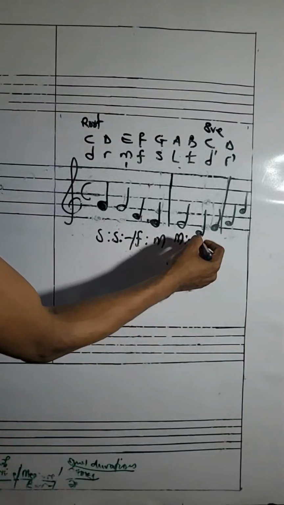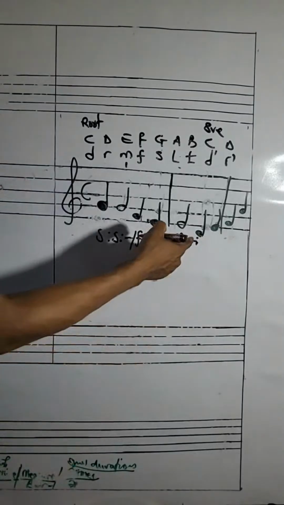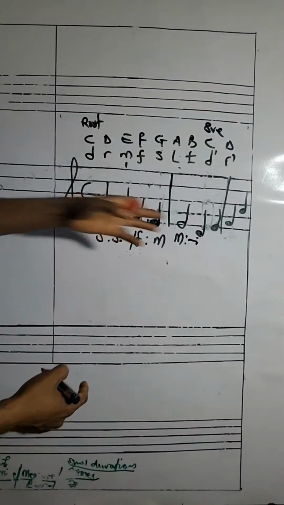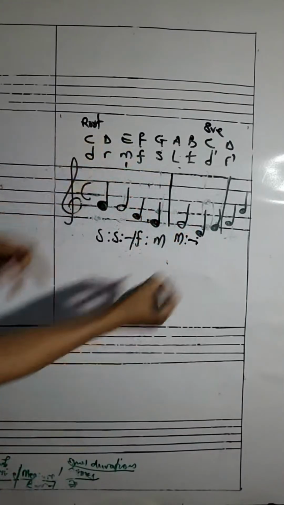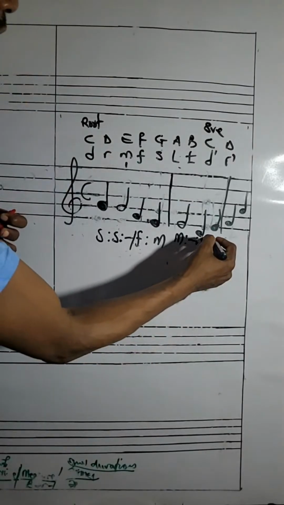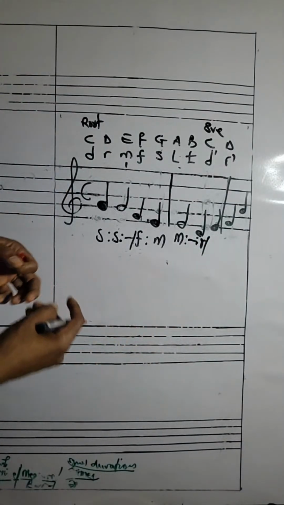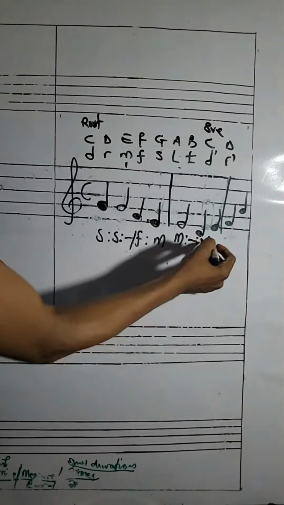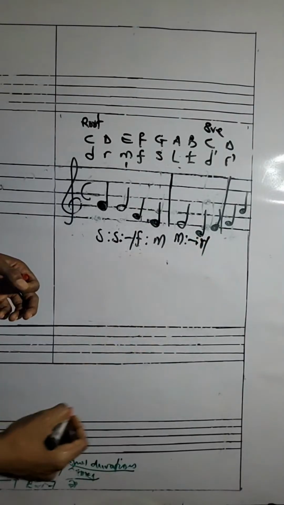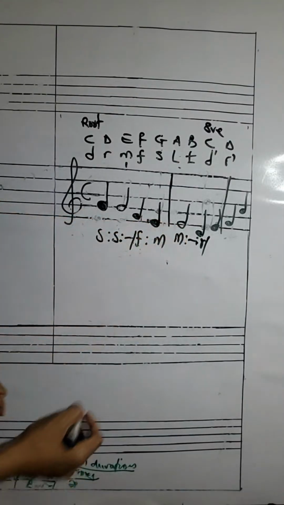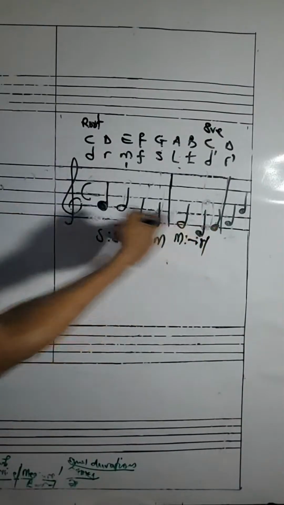Then I have another note, what is it? My D. My D is supposed to be my re, right? Then I'll give it. Then what do I have here? I have E again.